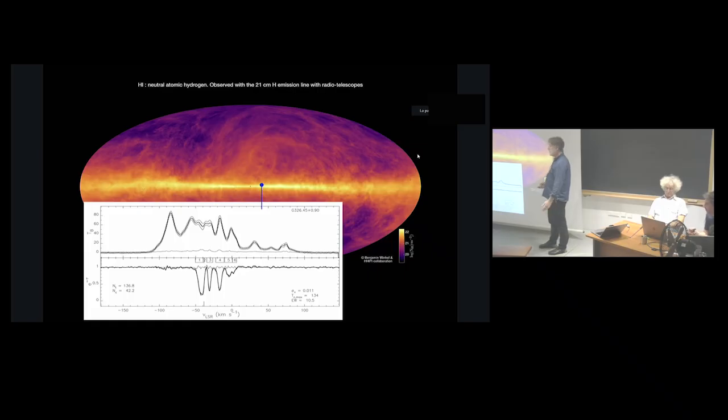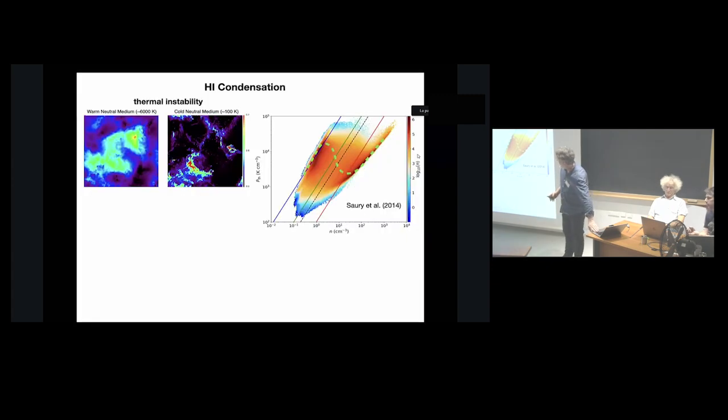This was detected very early in the 50s, and it led very rapidly to the bistable, or two-phase, theory of the HI that I will describe. In fact, the cooling and heating processes in the HI lead to this pressure-density diagram.